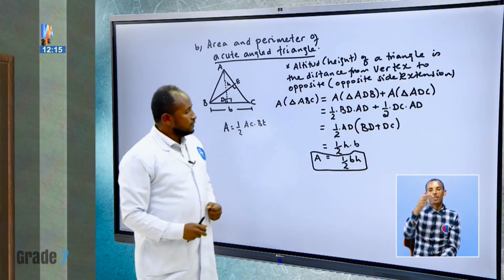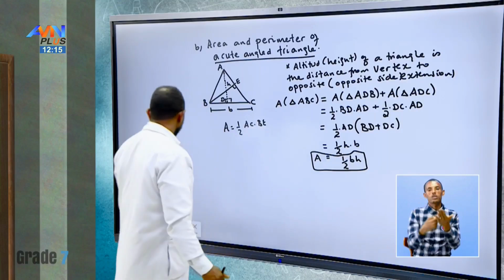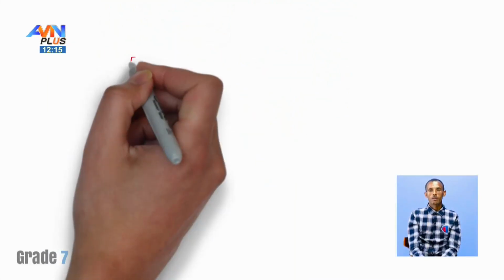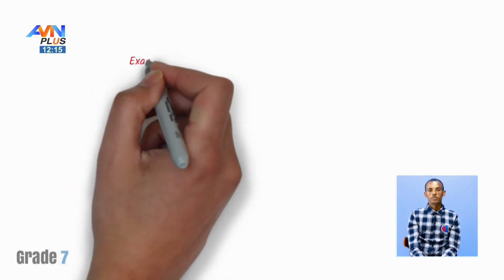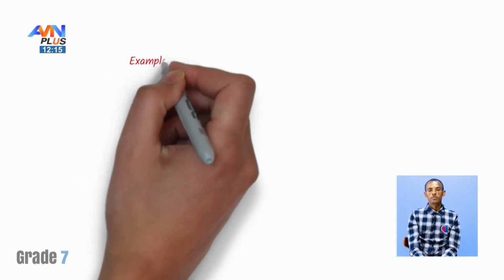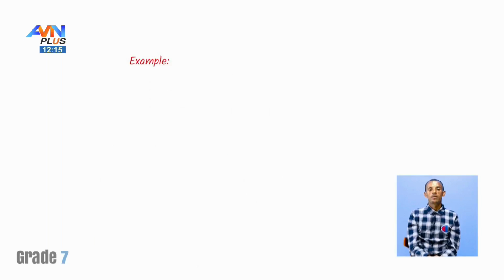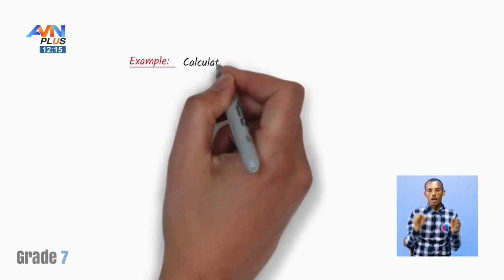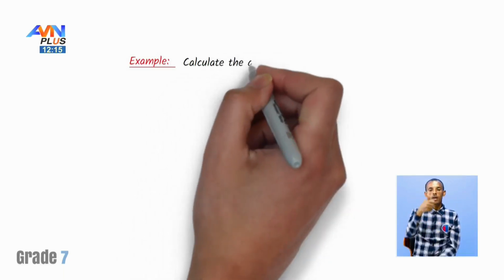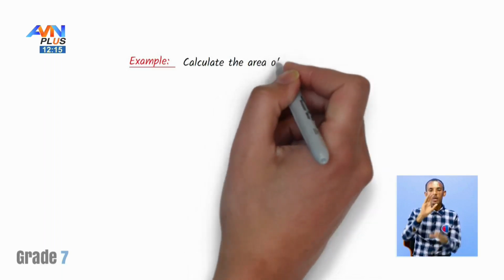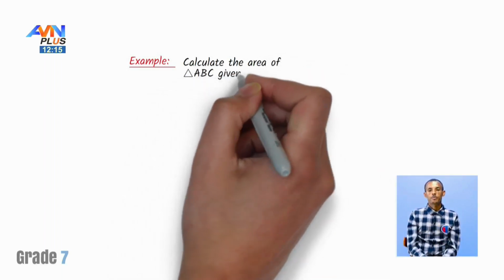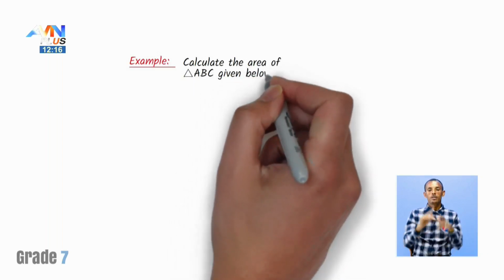So I will give you an example for this one. Example: Calculate the area of triangle ABC given below. Triangle ABC is given here.